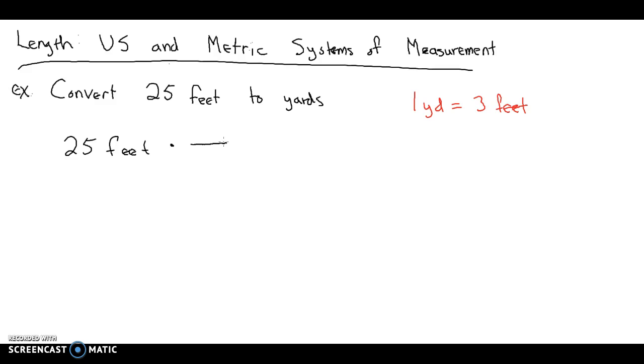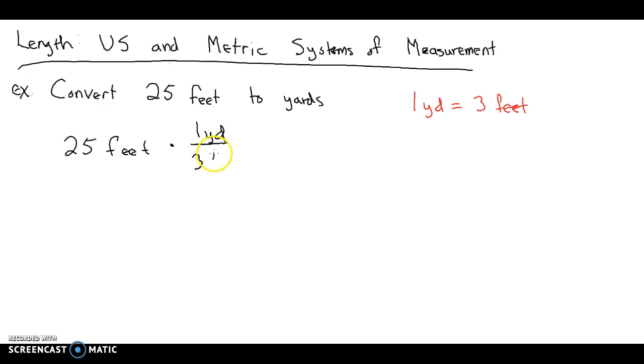So for example, we're going to make a fraction where 1 yard is going to be either on the top or the bottom, and then 3 feet is going to be in the other place. But we need to set this up correctly. What we want is the units that we want to convert to on top. So we want yards on top. So we're going to put the 1 yard on top of this.